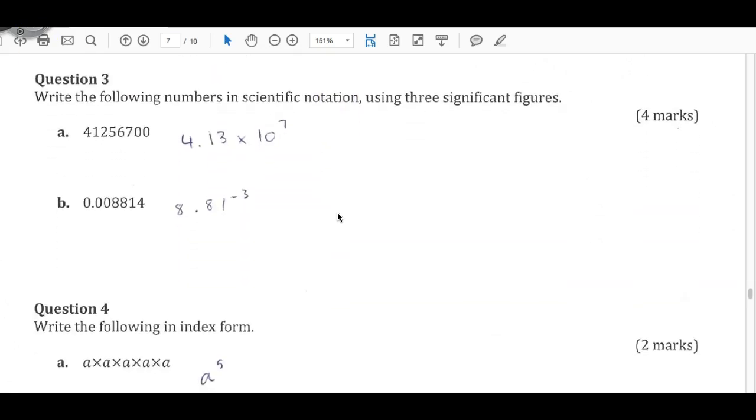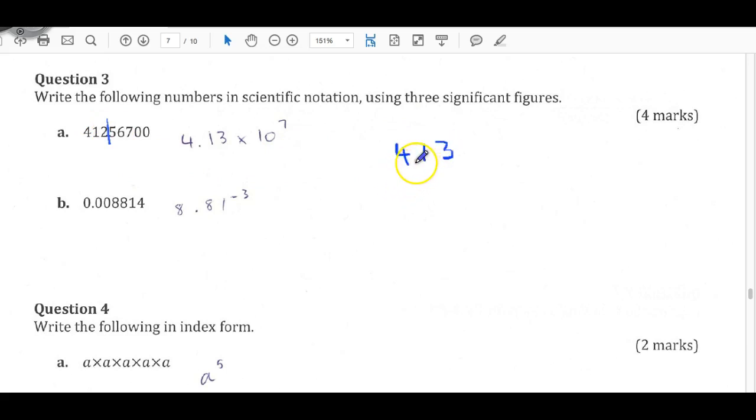Question 3. Write the following numbers in scientific notation using 3 significant figures. So we look at the first 3 significant figures, and that 2 gets rounded up. So we're now dealing with 4, 1, 3.